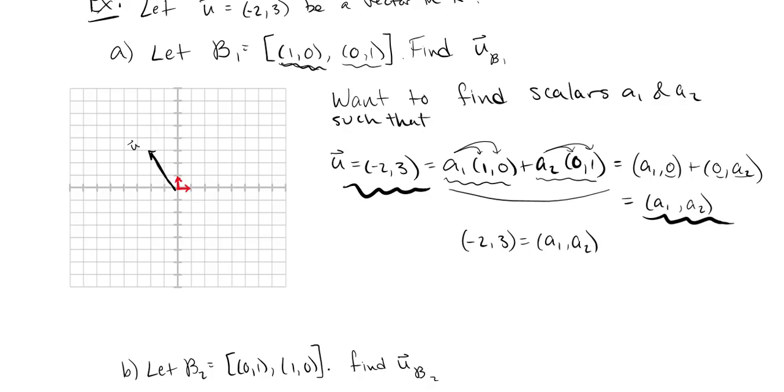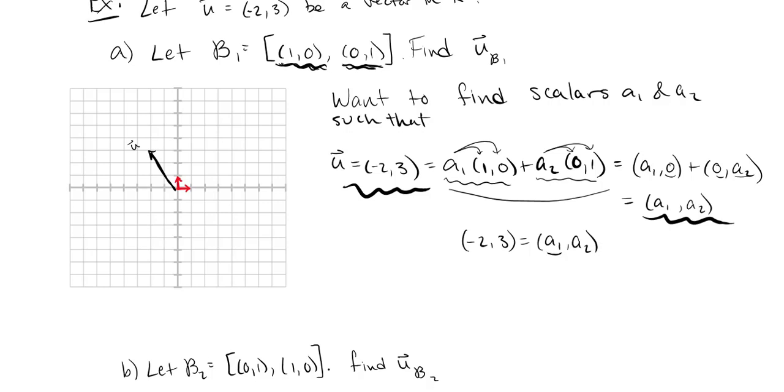And what made this so easy is that the ordered basis we're looking at is the standard basis. This little red vector I've drawn horizontally here is the unit vector (1, 0). The vertical red vector is just (0, 1). So this is the standard basis. It's like your i and j vectors.